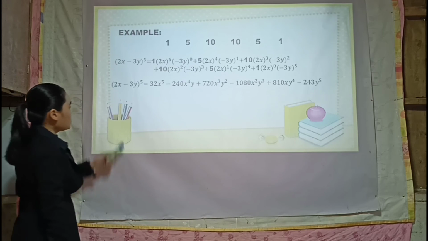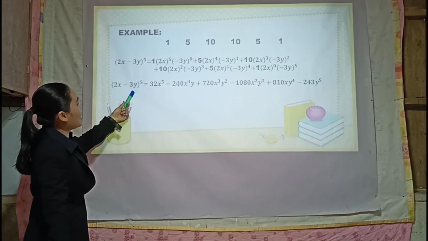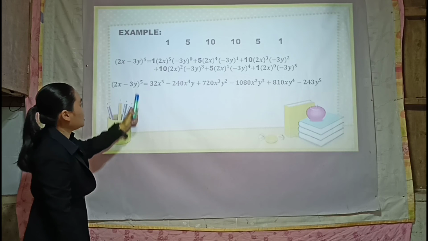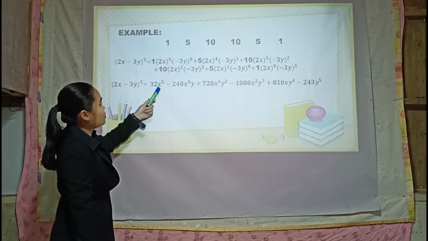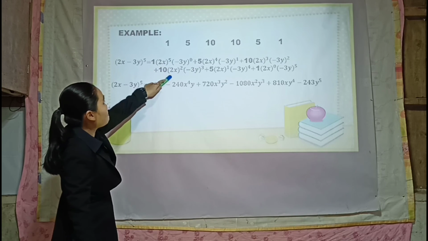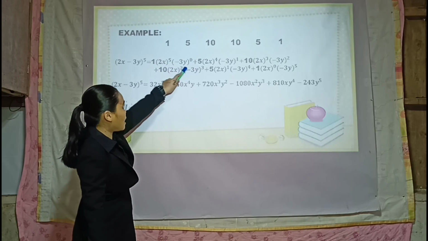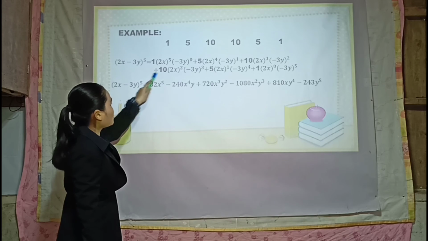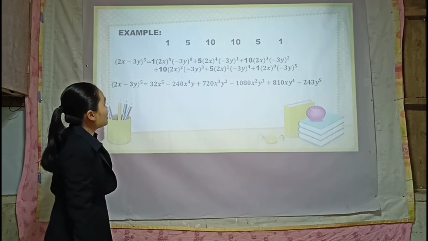We have 2x minus 3y raised to 5. So, it is equal to 32x raised to 5, because 1 times 2x raised to 5 times negative 3y raised to 0, the answer is 32x raised to 5.